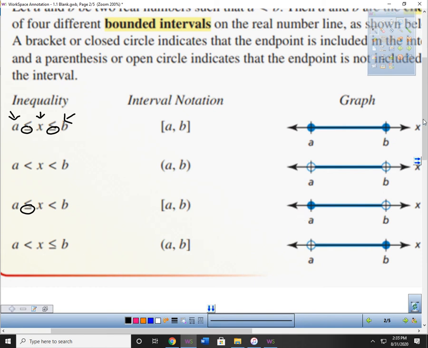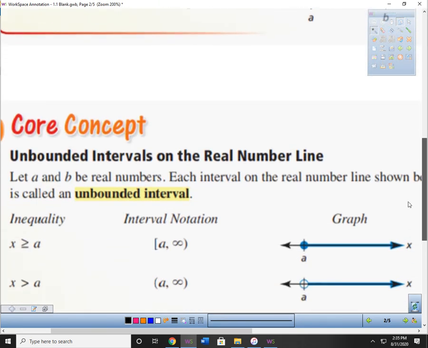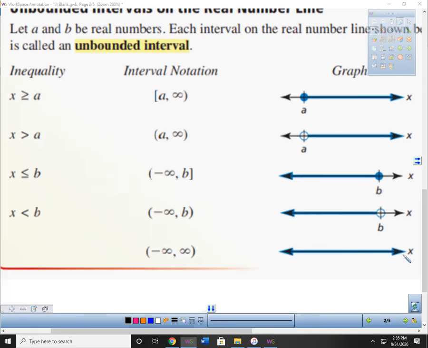And then this one is just the exact opposite of that. So when you talk about unbounded intervals, that means that you either start somewhere and continue to the right, or you come from the left and you stop somewhere. So if all of your numbers are greater than or equal to whatever this number is, let's just say that's 3, so all of my numbers are greater than or equal to 3.